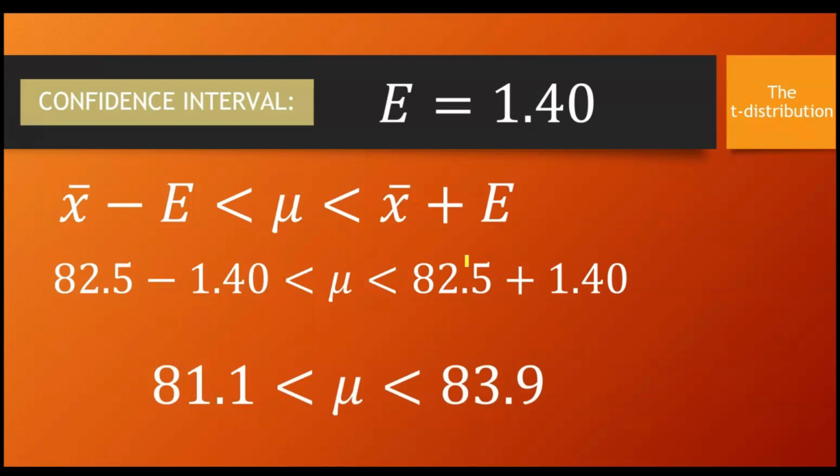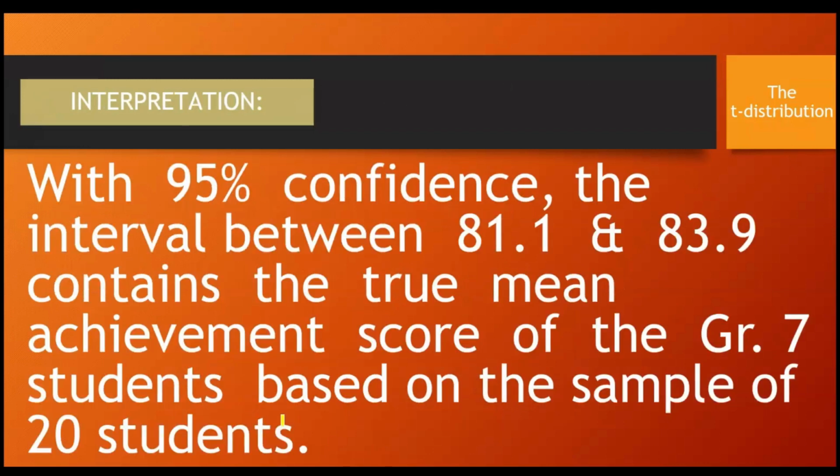So we simplify. 82.5 minus 1.40 is 81.1 and 82.5 plus 1.40 is 83.9. Hence, we can say that the population mean is between 81.1 and 83.9. Now, in making interpretation, we say with 95% confidence level, the interval between 81.1 and 83.9 contains the true mean achievement score of the grade 7 students based on the sample of 20 students.